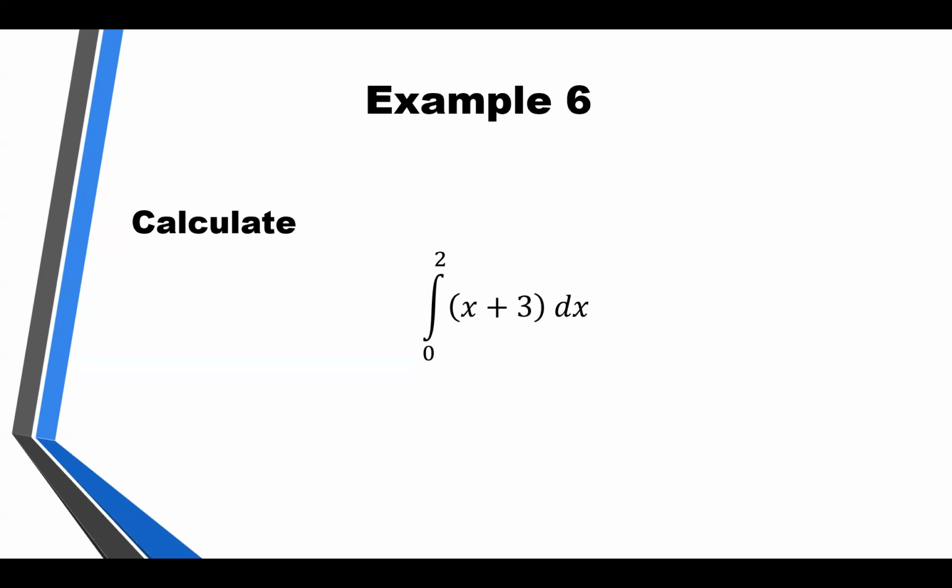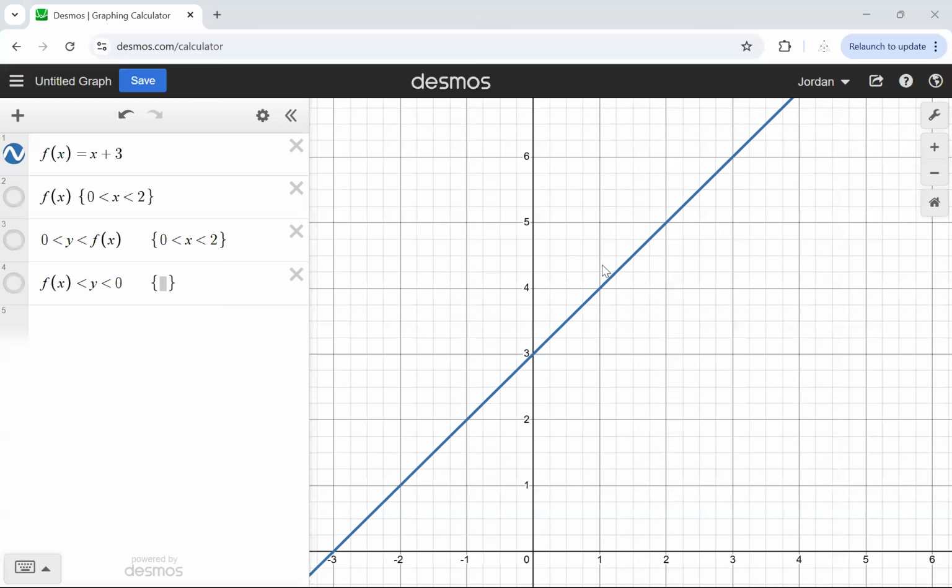Now, obviously, we can do that in a lot of different cases. We can break it down geometrically in various different cases. So let's try to calculate the definite integral from 0 to 2 of x plus 3 with respect to x. I'm going to graph the line y equals x plus 3, or f of x equals x plus 3.